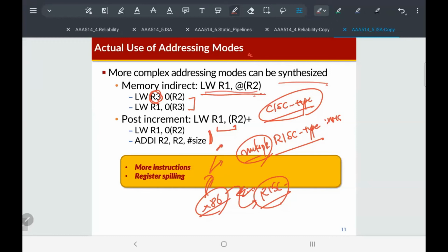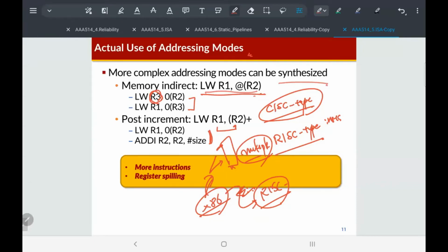These are called microcode. By using this microcode, a single complex instruction is decoded into multiple simple instructions.